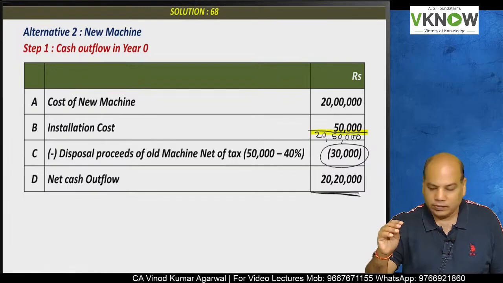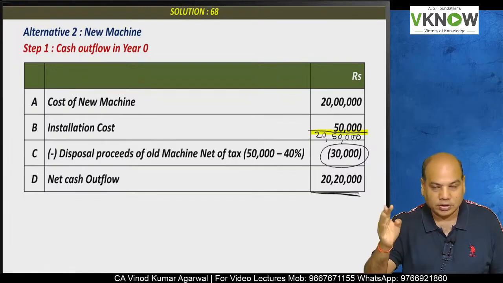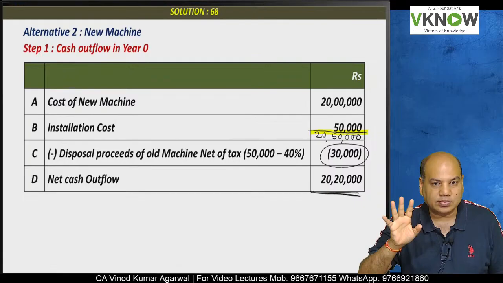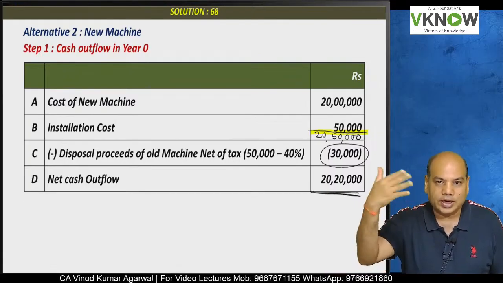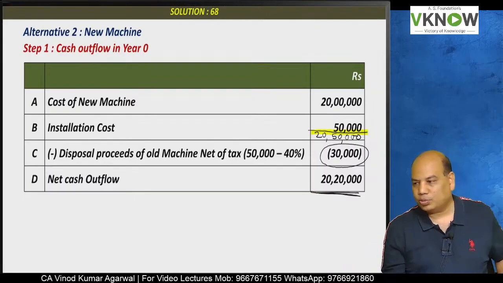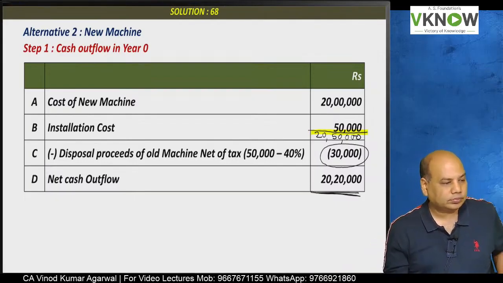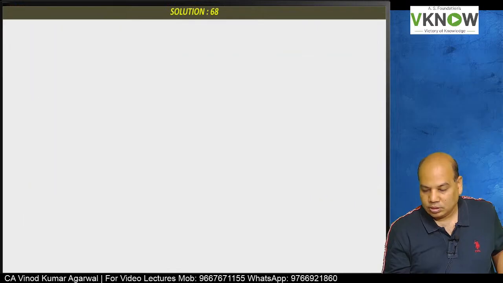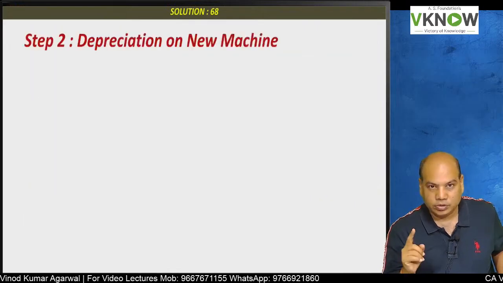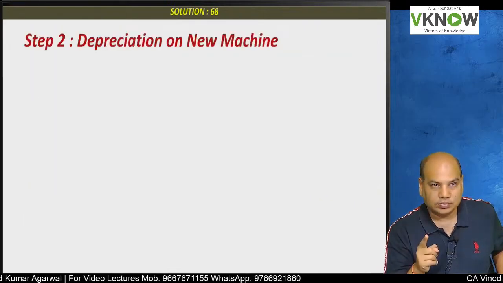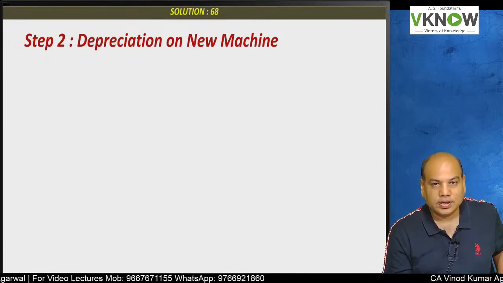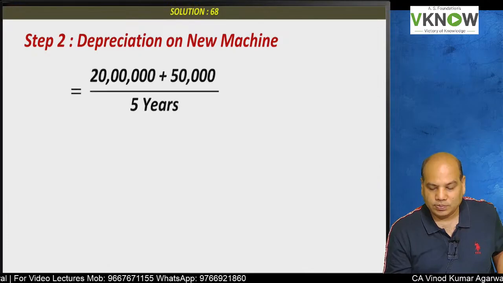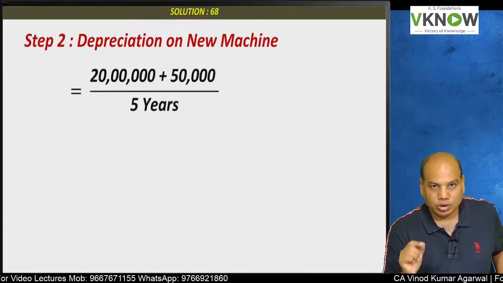If your question is why we have not taken this in the upgradation: in upgradation we are not selling the machine. We are continuing with the same machine. We are only upgrading by adding new components, new software. But when you replace it, you will sell the old one. Next point, depreciation on new machine.